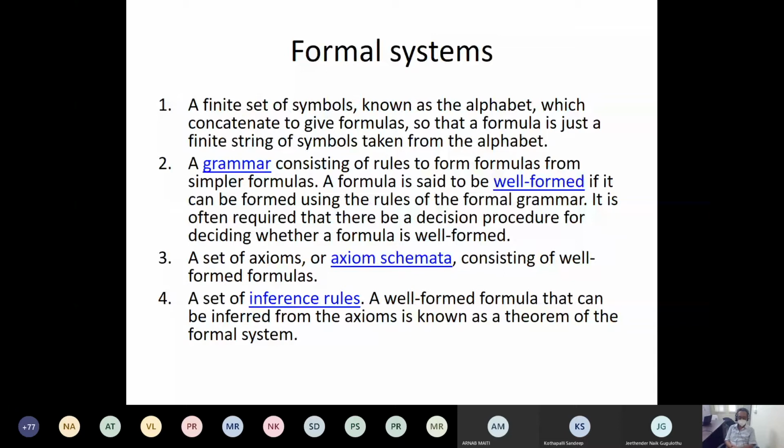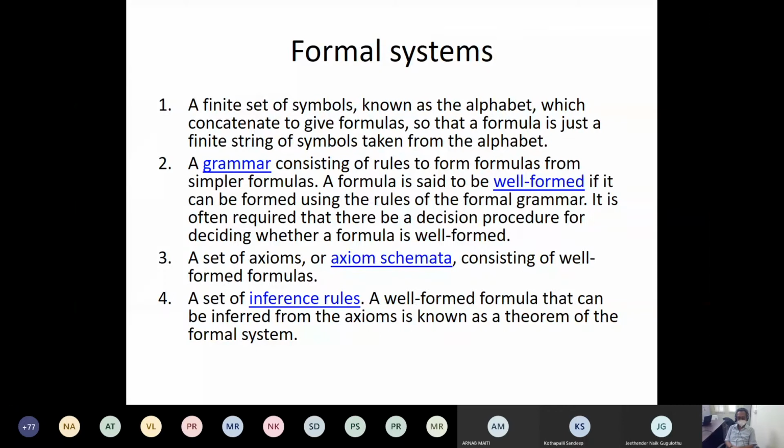If it can be formed using the rules of the formal grammar, it is often required that there be a decision procedure for deciding whether a formula is well formed or not. Given a string, is it a well-formed formula? So we should be able to determine that. Then we come to a set of axioms or axiom schemata consisting of well-formed formulas, and a set of inference rules.